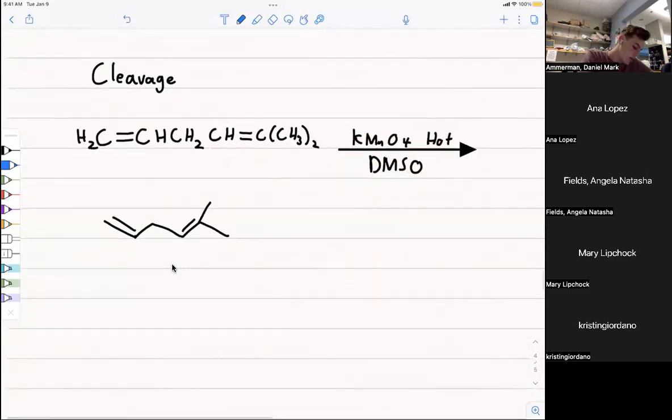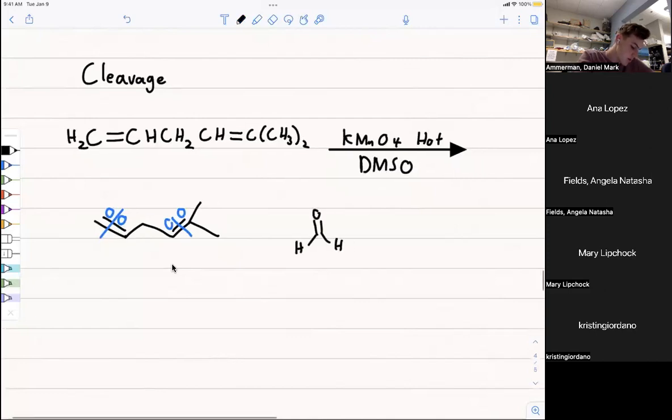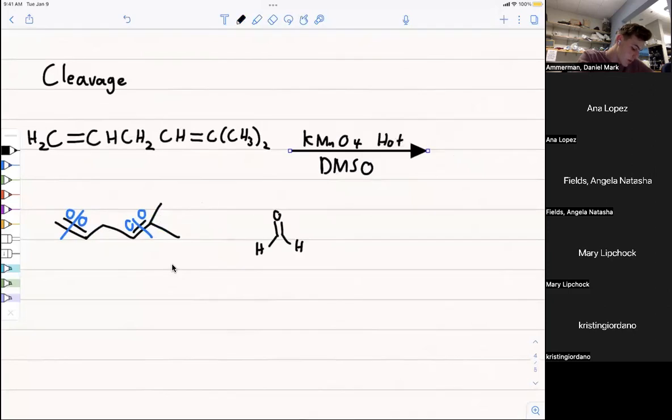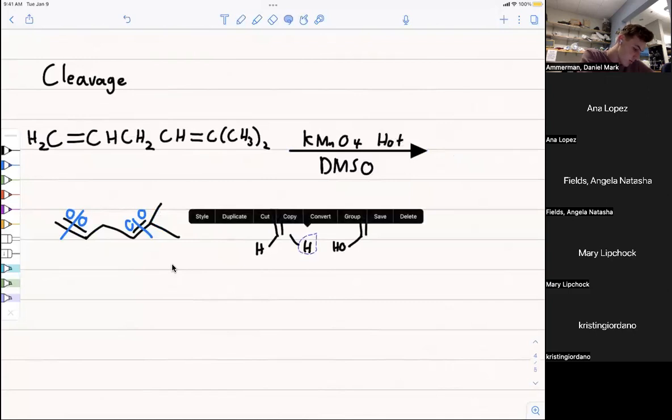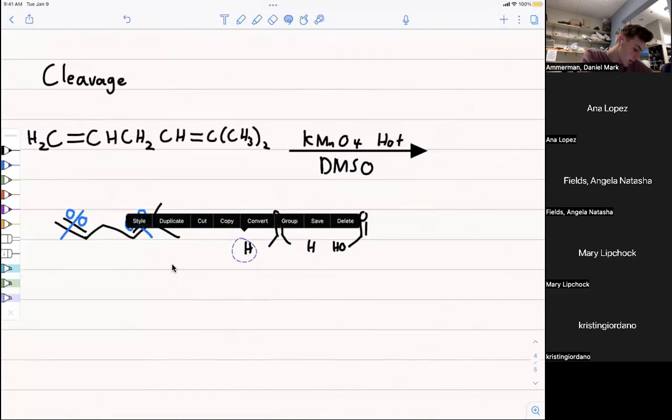So I go straight to the middle, throw an O on both sides, and go, all right, that first one is this, and it has H's on both sides. That other side of it is going to be this. And because this is not DMS, we're going to go all the way to carboxylic acids.